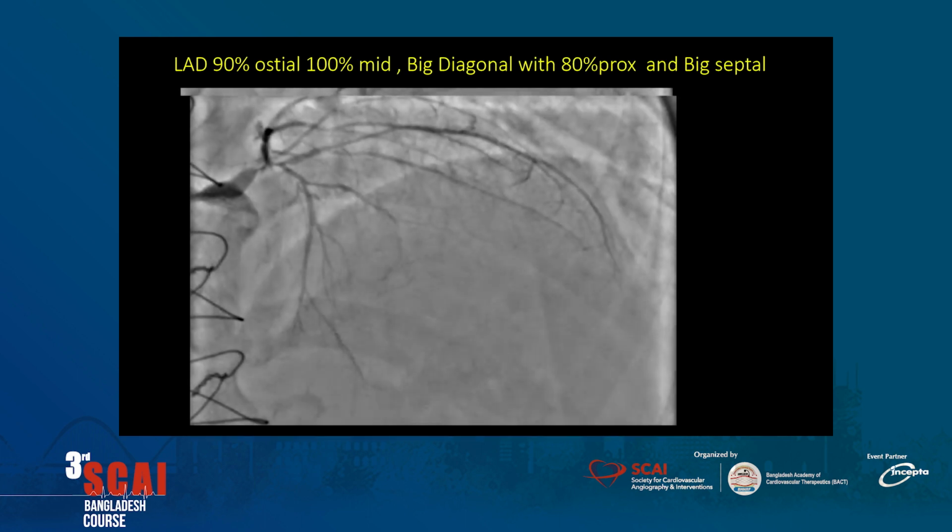But this is a huge LAD territory and circumflex territory. LAD is 90% and mid LAD is 100%, and it is not getting retrograde supply from LIMA. So this area is ischemic, with a big diagonal, huge territory, and also a big septal, which is ischemic. That's why the patient is having pain, even though the LIMA to LAD is patent.